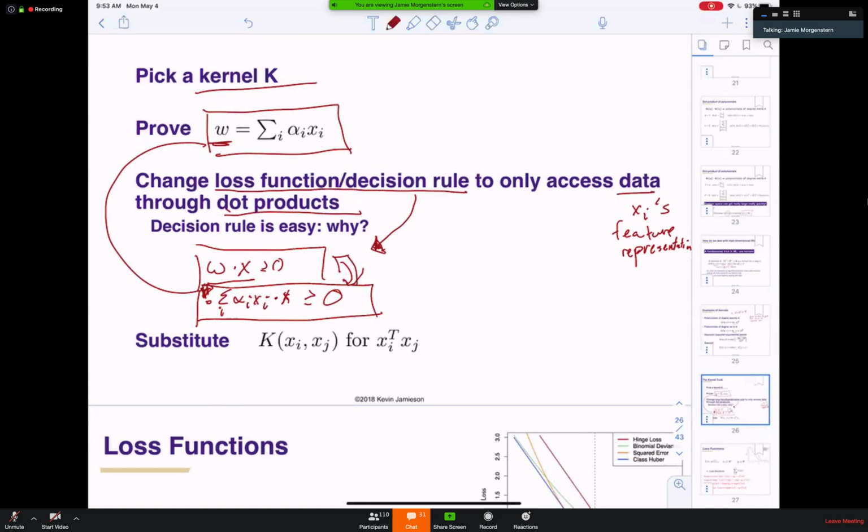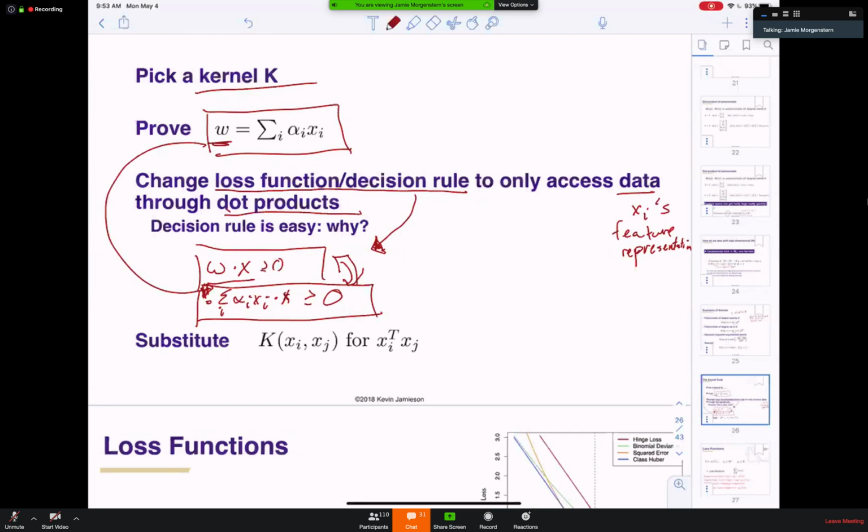The second one only ever touches data points in our feature space through dot products, whereas the former one takes into account the x's, and the x's might be in some high dimensional space.